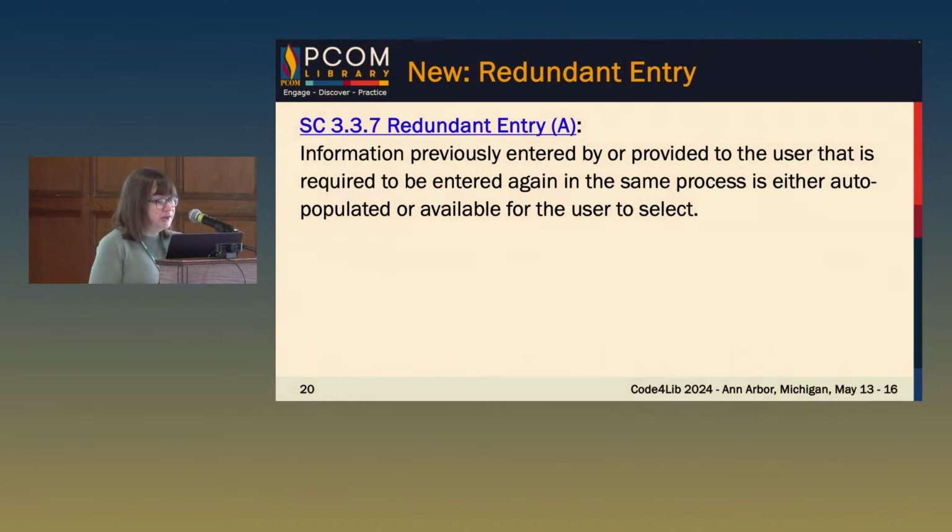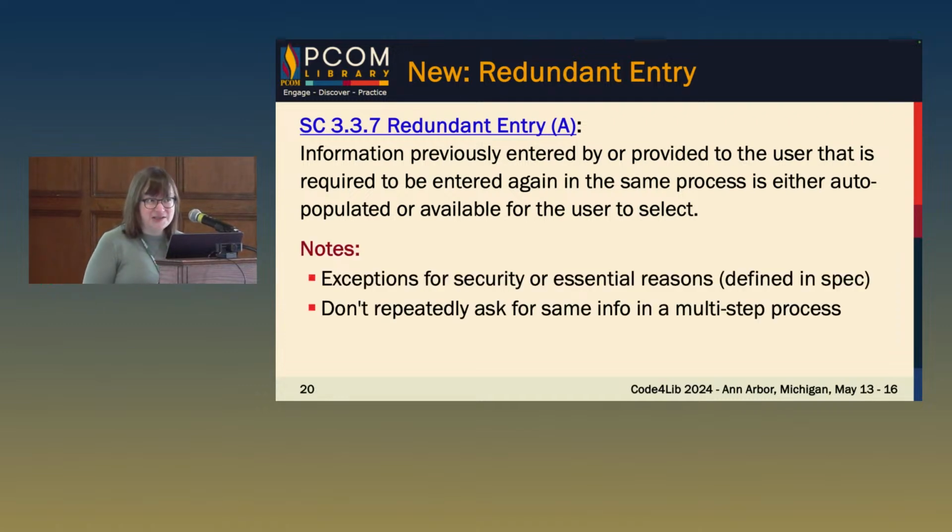New requirement, redundant entry. It's level A, 3.3.7. When users are filling out a form, they should not be prompted to enter the same information repeatedly. So, oh, you asked for my mailing address earlier in this form. Why are you asking for it again? You know, we all hate these badly designed forms.